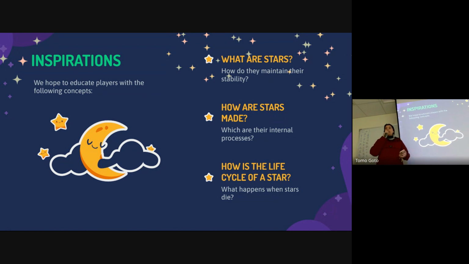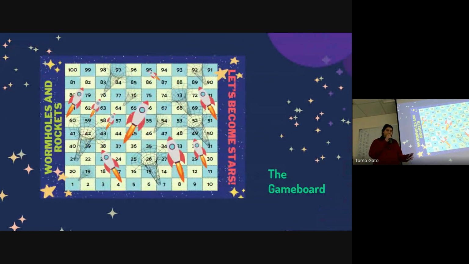So we created this game together in hopes to be able to educate people on very complex topics of astrophysics, such as the big questions: what exactly are stars, how are stars made, and what is the life cycle of a star. We hope to achieve this with this game board that we created, inspired by the classic game called Snakes and Ladders.